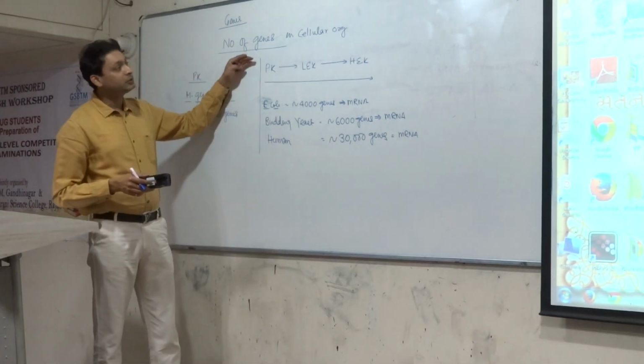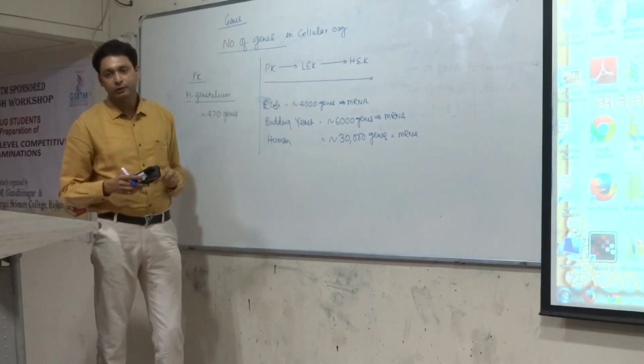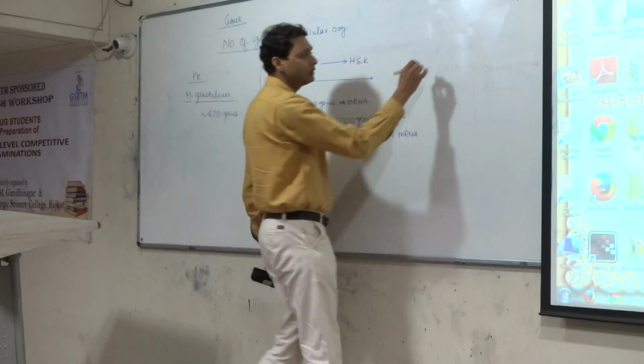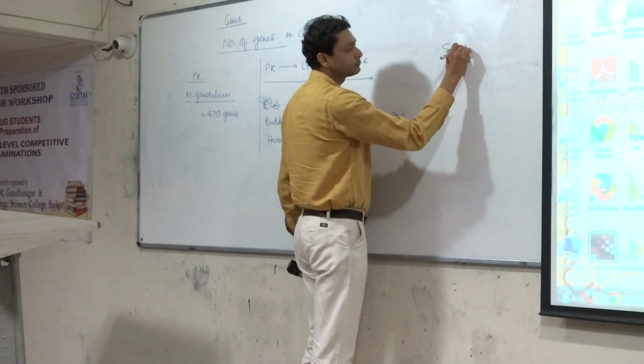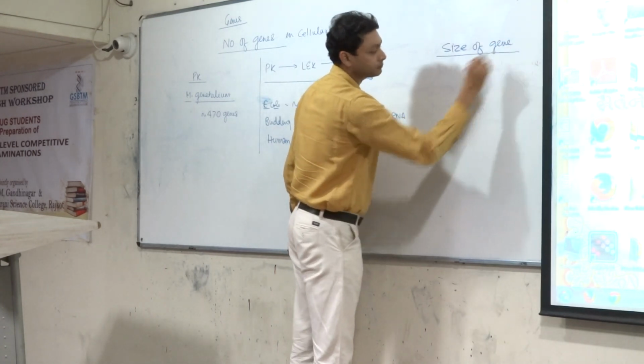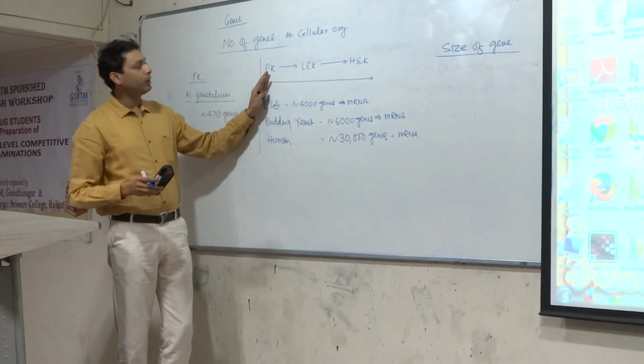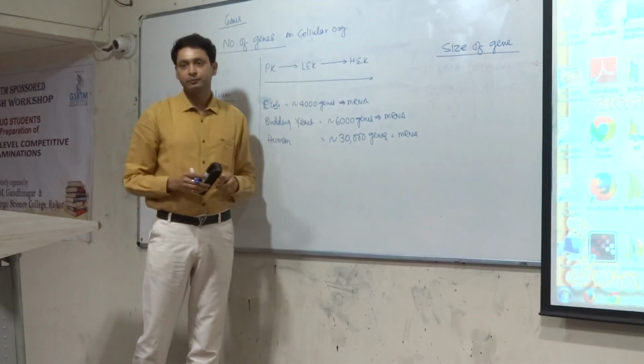This is the information related to the number of genes in the case of the prokaryote, lower eukaryote and higher eukaryote. Now see the size of the gene. The size of genes also varies in the case of the prokaryote, lower eukaryote and higher eukaryote. Most of the genes responsible for the formation of messenger RNA or protein follow this particular trend.